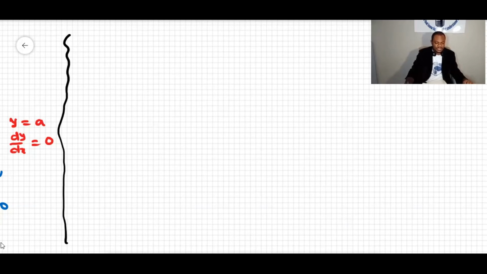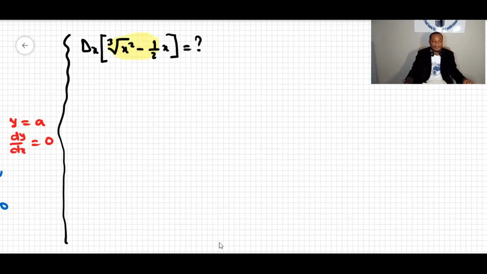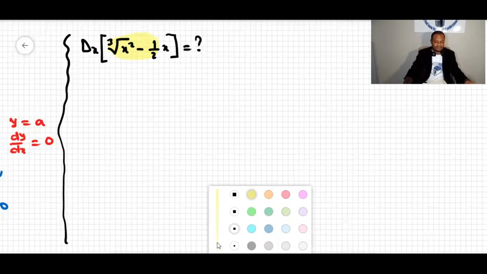So we need to find dx of the cube root of x squared minus half x. Note that what is inside here is f of x, the function, enclosed in the square brackets, and the dx in front of it simply means differentiate the function inside the square bracket with respect to this x here.